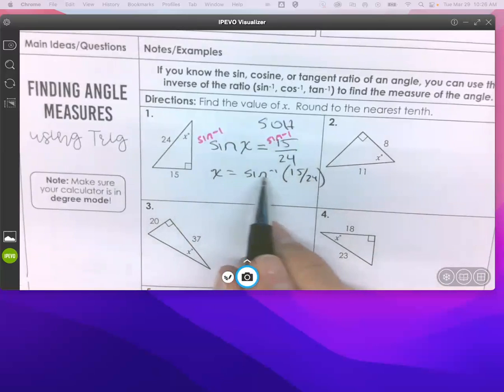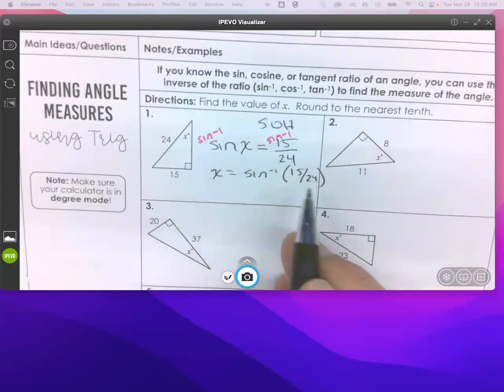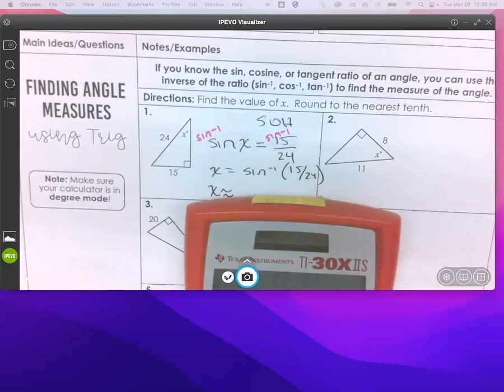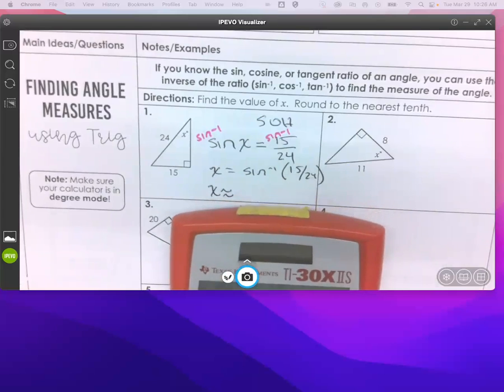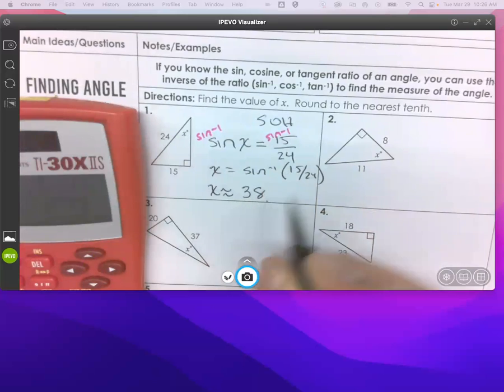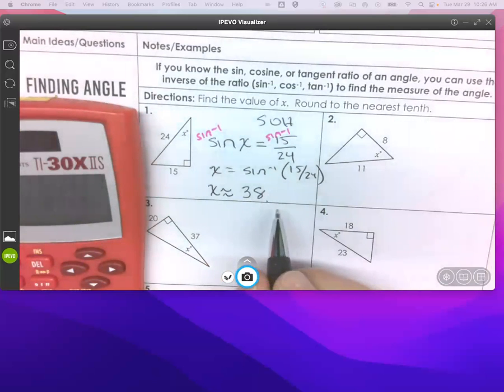Again, I do require you to write this in your answers. And then use your calculator to take the decimal approximation of that. Everybody use your calculator. Please make sure that when you do inverse sine of 15/24, you get the same answer I do, which is 38.7, rounded to the nearest tenth.